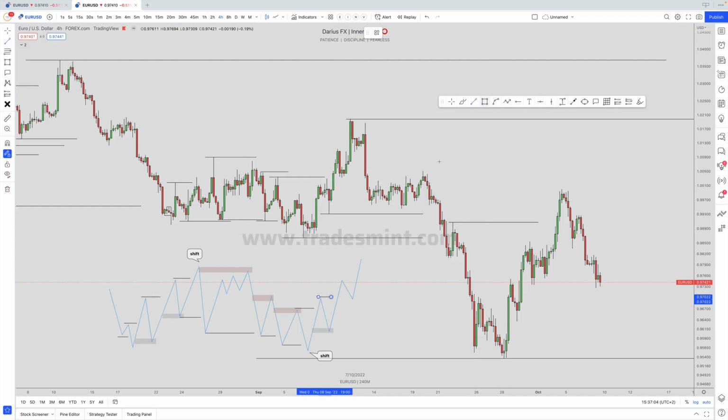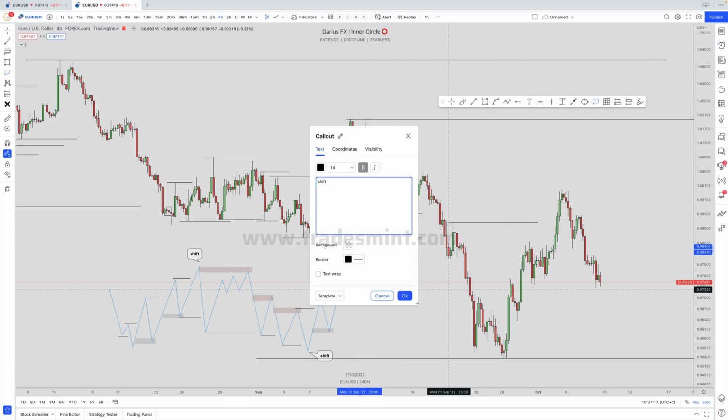Another break, another POI, and again, another break. And then here, if we continue with this example, we will see, okay, here we got another shift.